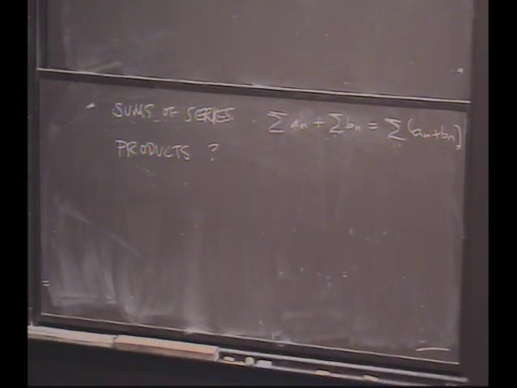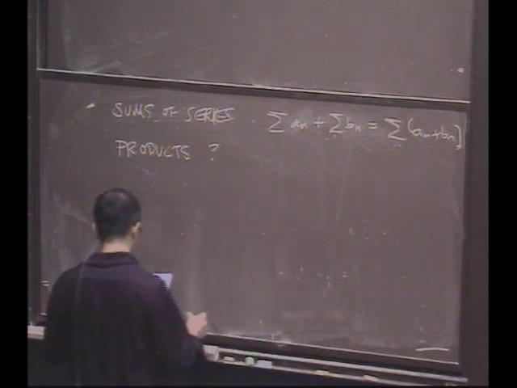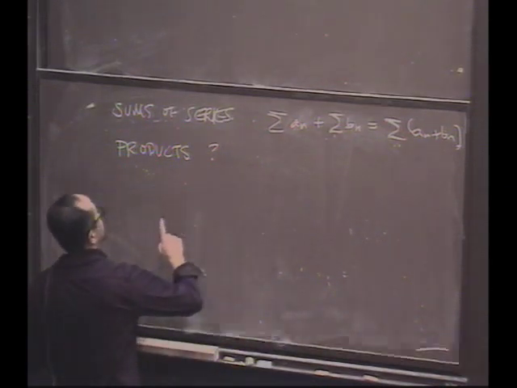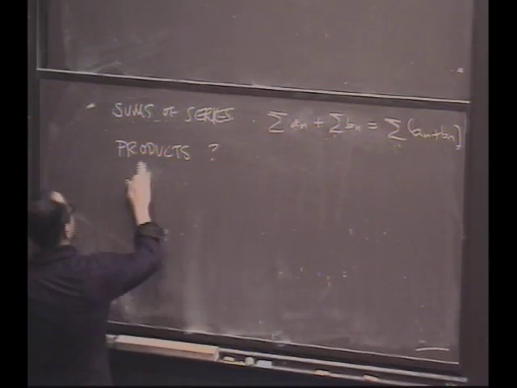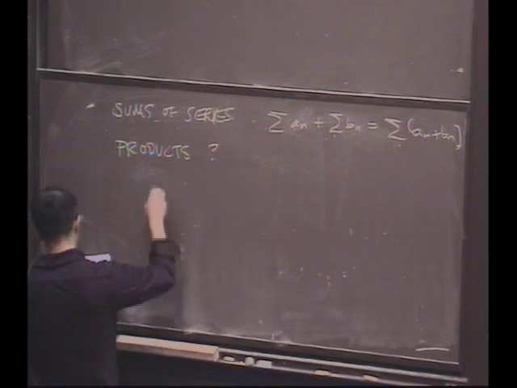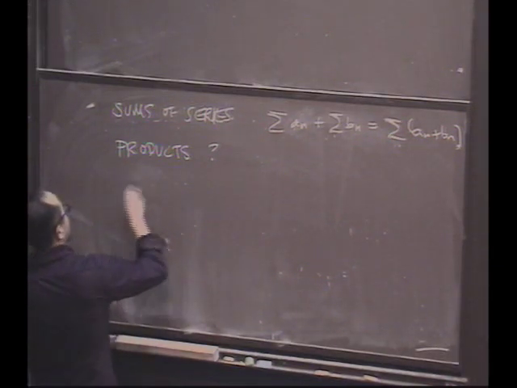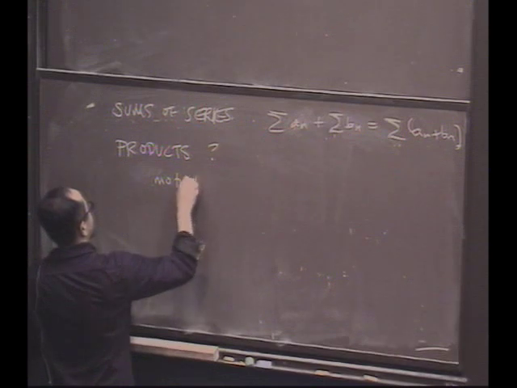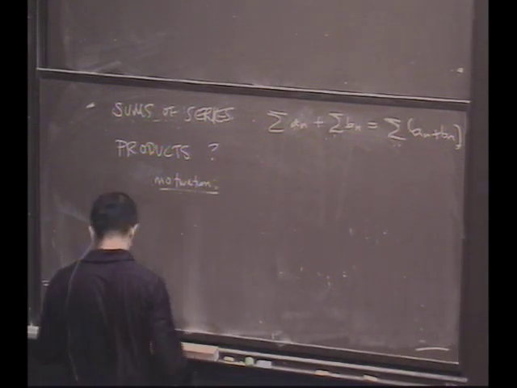Well, it's not the sum of a_n b_n. That's what you might think of as being a product, but it's not the natural way to define a product. So let me mention that if you have two series, the product is actually defined slightly differently than you would think. Let me give you the motivation, and then you'll see where the definition comes from.